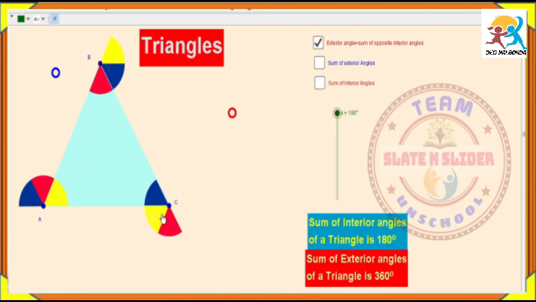So from this we can say that this exterior angle is equal to the sum of these two angles. So this can be explained as, in a triangle, if one side is produced, then the exterior angle formed is equal to the sum of opposite interior angles. So this representation is called graphical representation or geometrical representation.